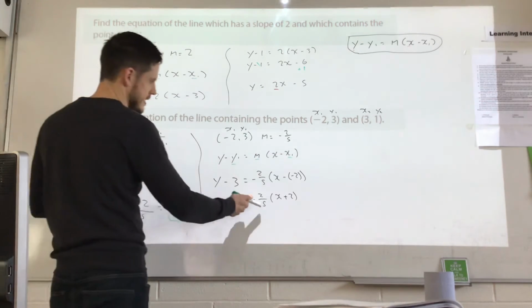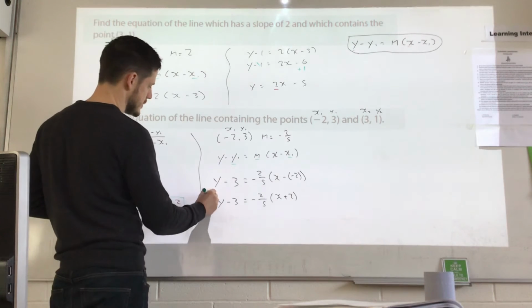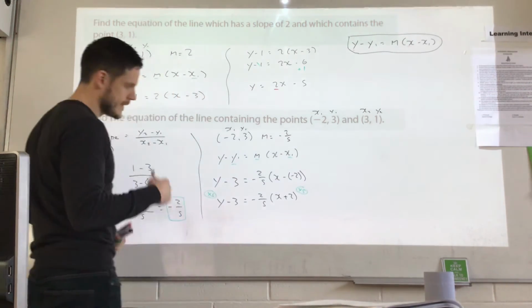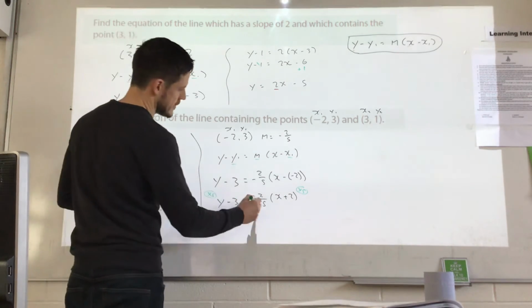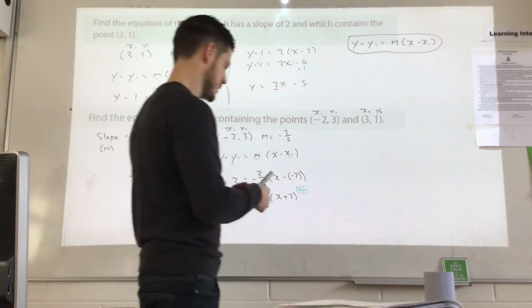I've got a fraction here. I want to get rid of this 5 in the denominator. So the easiest way to get rid of this 5 is to times both sides by 5. In an equation, if you times both sides by the same thing, it's perfectly fine. If I times both sides by 5, that goes away, but everything on this side must be times by 5 too.